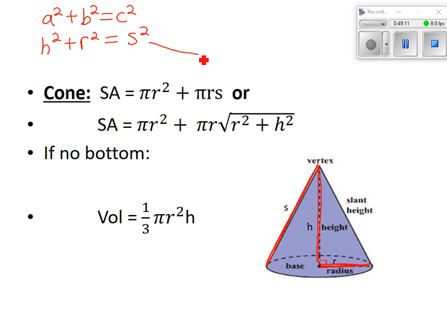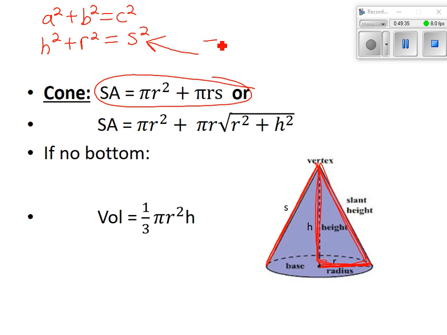Does it make a triangle? Yep. So if we look at this, what kind of triangle do we have right there? A right triangle. So if we wanted to find the slant height so that we could use the easier formula, we could just do that. You'd find the hypotenuse, and that's going to tell us the slant height, and then we can use that easier formula.